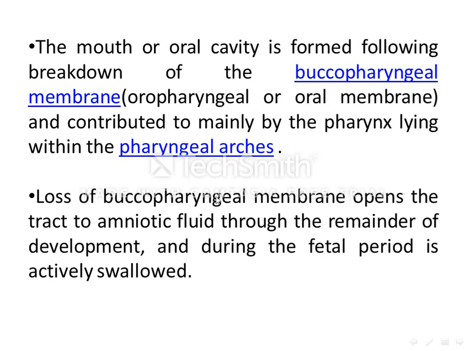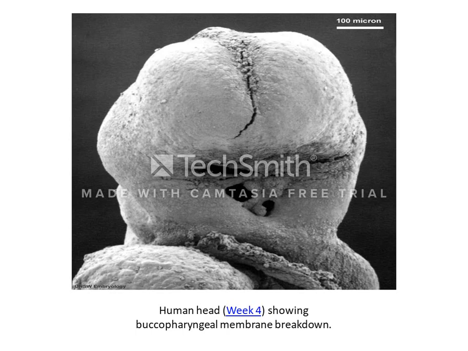Loss of the buccopharyngeal membrane opens the tract to the amniotic fluid through the remainder of development, and during the fetal period it is actively swallowed. This picture shows the human head with the buccopharyngeal membrane breakdown.